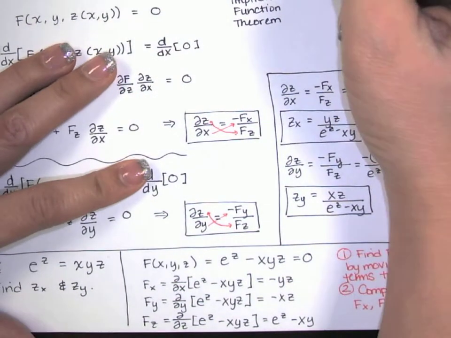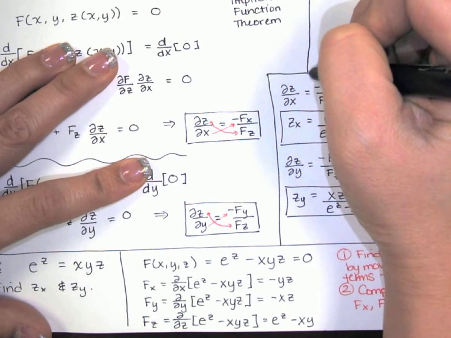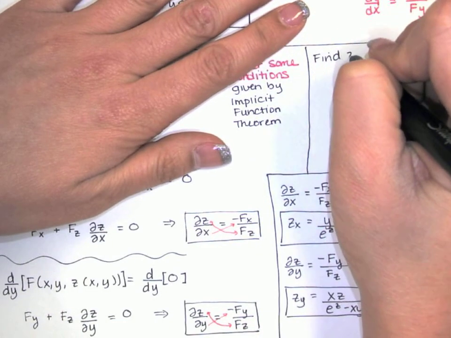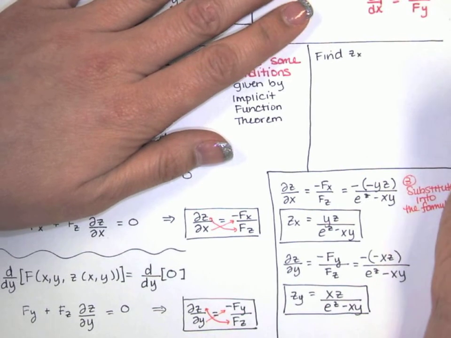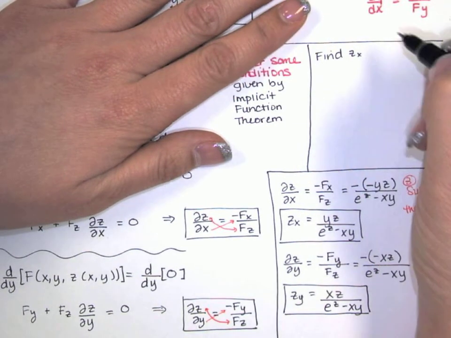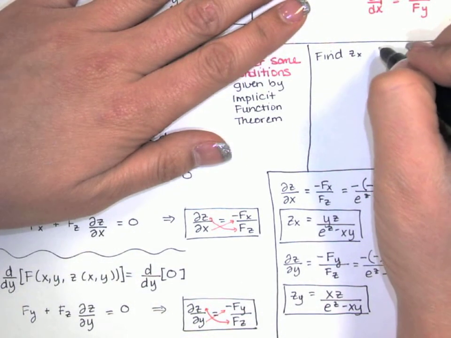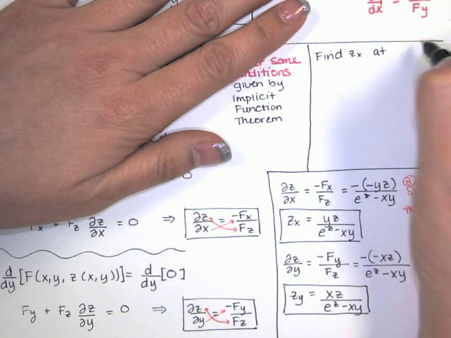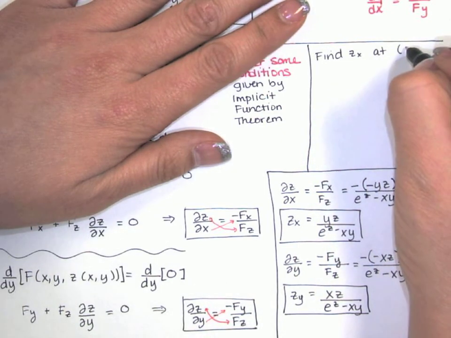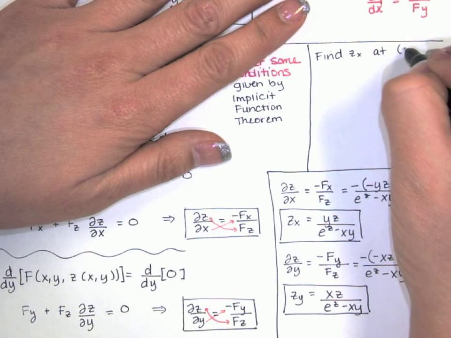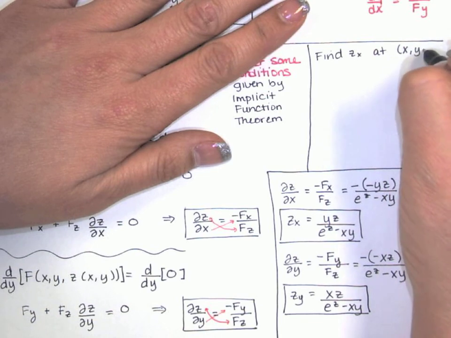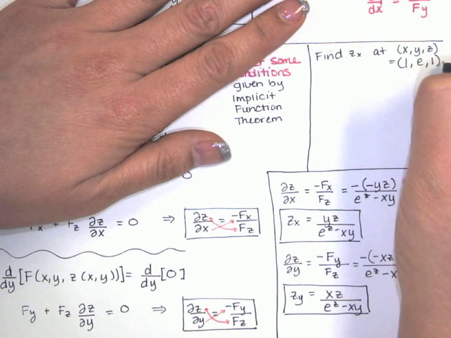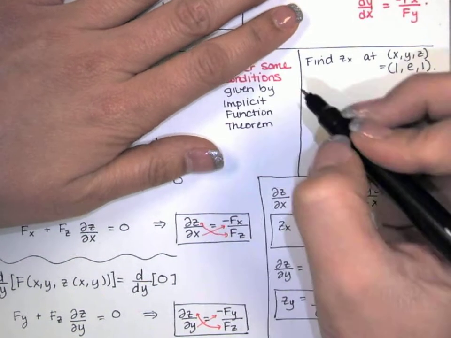Let's say somebody asked you to find the partial of z with respect to x at x equals 1, y equals e, z equals 1. And let's just check and make sure that's on the surface.